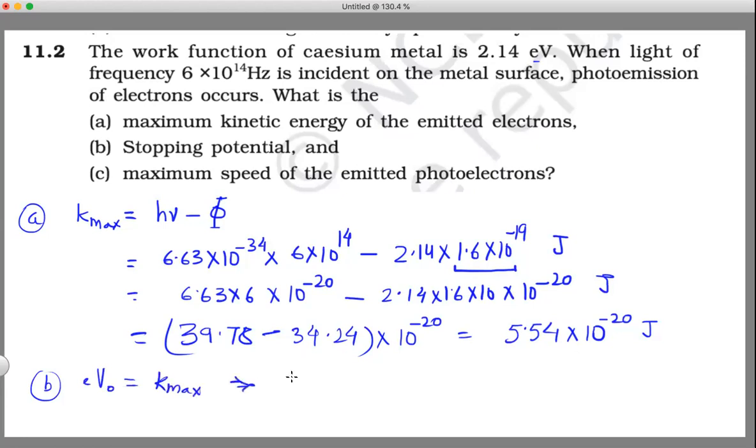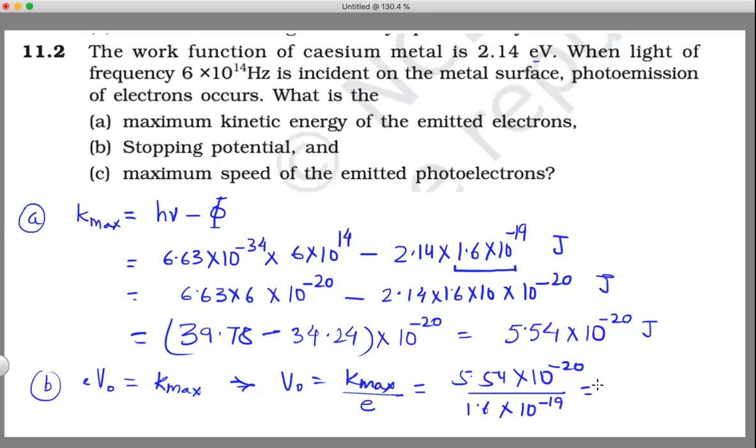So implies V naught is equal to K max by E, okay, which is 5.54 into 10 raised to the power minus 20 by 1.6 into 10 raised to the power minus 19, which is 6.